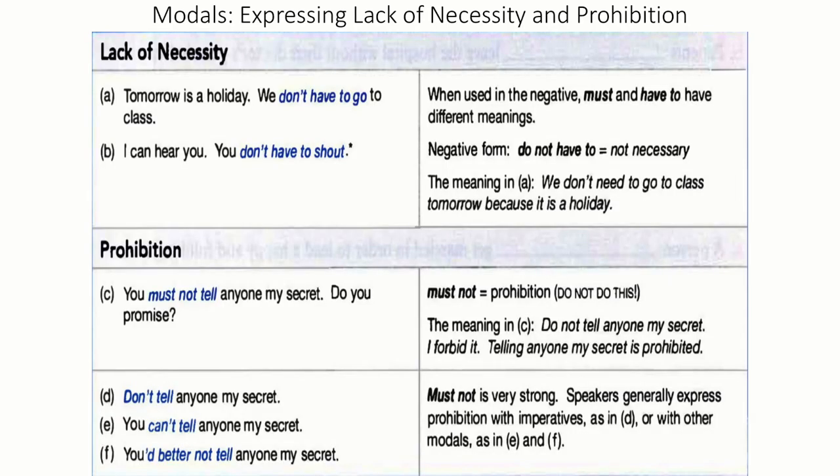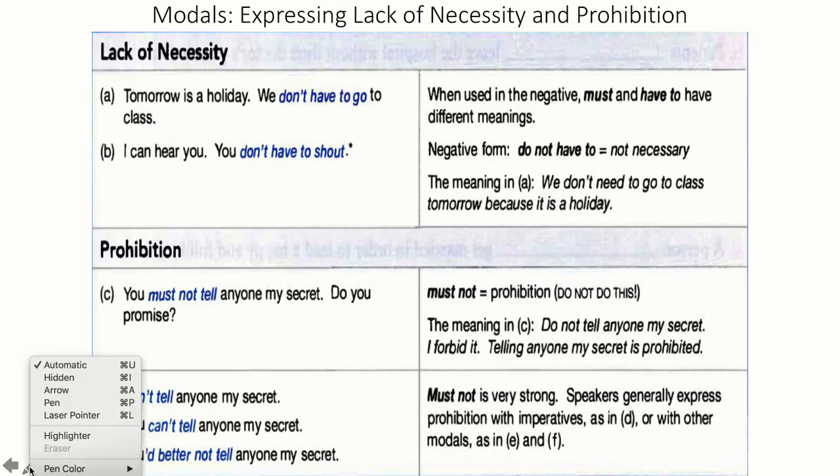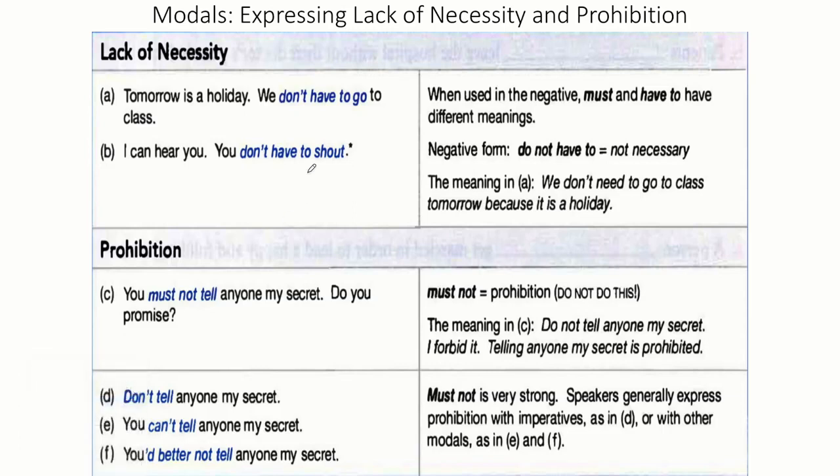So for expressing lack of necessity, we use have to in the negative form. Example: don't have to go, don't have to shout. Tomorrow is a holiday, we don't have to go to class, okay?